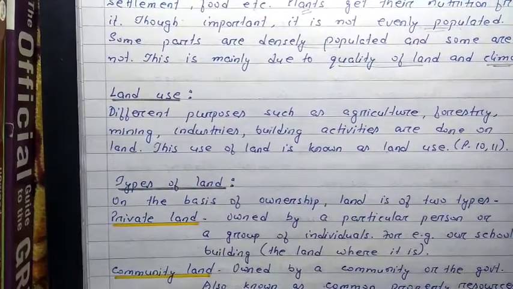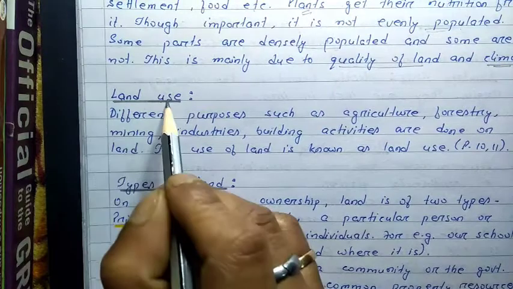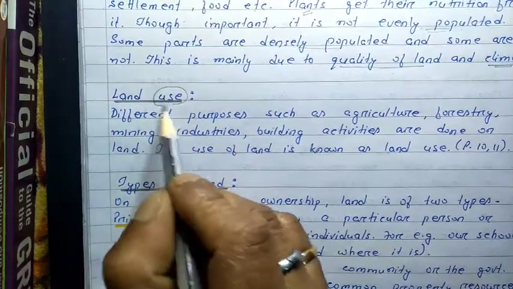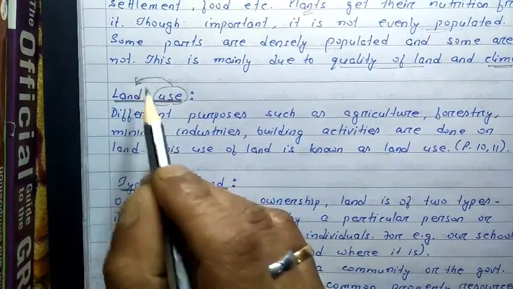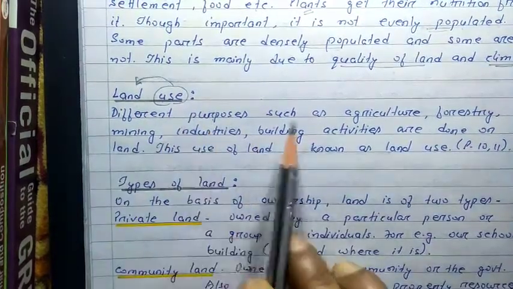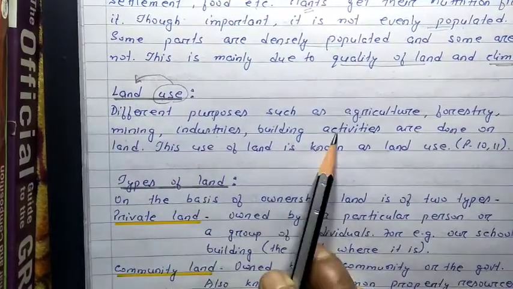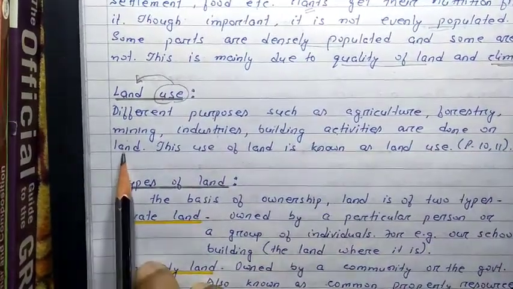Now the second point that we are going to study is land use. You can understand from the term itself, land use means the use of land. The purpose for which we use the land is known as land use. Different purposes such as agriculture, forestry, mining, industry, building activities are done on land.